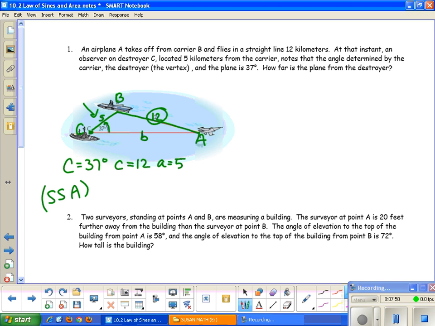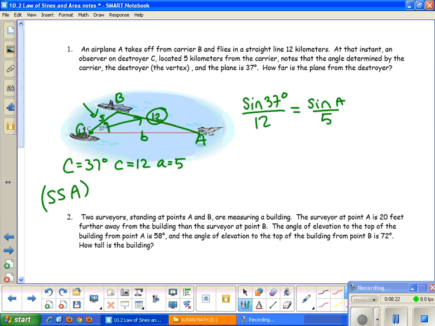So to solve this, I'm going to use my law of sines. The sine of 37 degrees over 12, so remember you always do this over this, equals the sine of A over 5, because we need to figure out what that angle is so we can figure out the side.